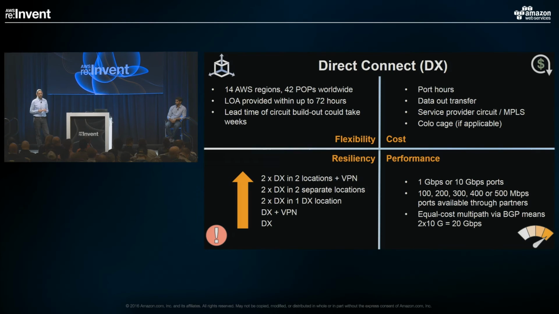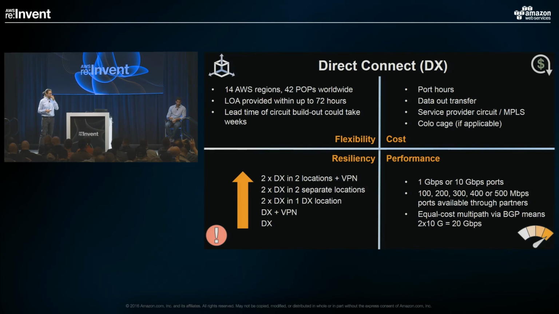So let's review Direct Connect as a whole, using the same dimensions that we looked at VPN before. The service is offered currently in every AWS region, all 14 of them, through 42 points of presence around the world. You can expect up to 72 hours to receive your LOA, and probably a longer lead time to build presence or connectivity into the co-location.